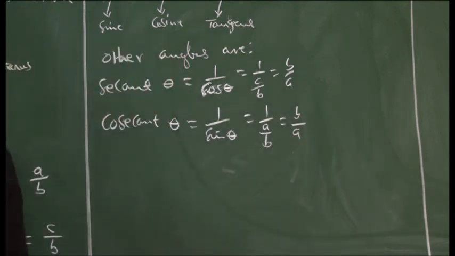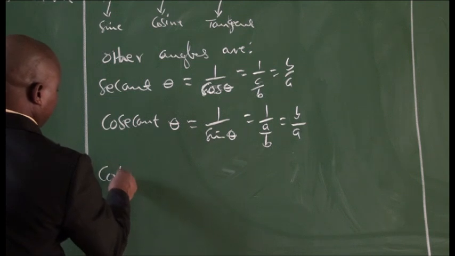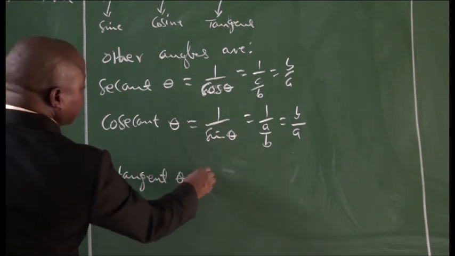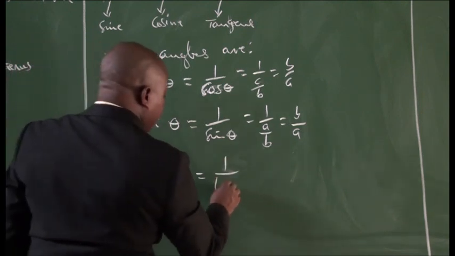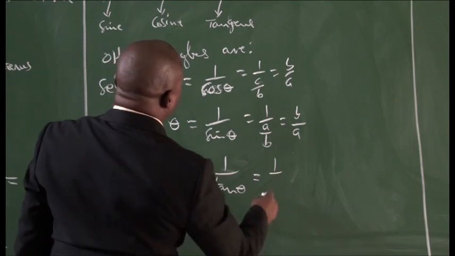All right. Then we have another one, cotangent. Cotangent theta is 1 over tan theta.